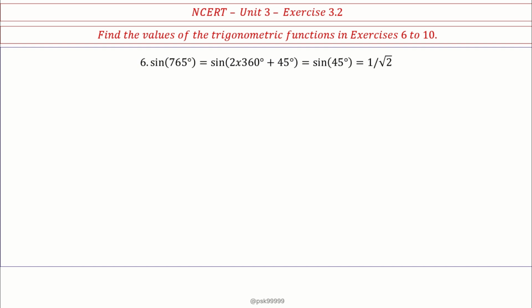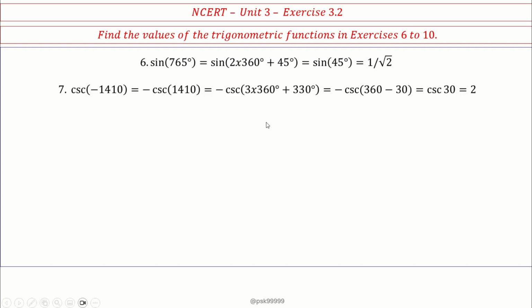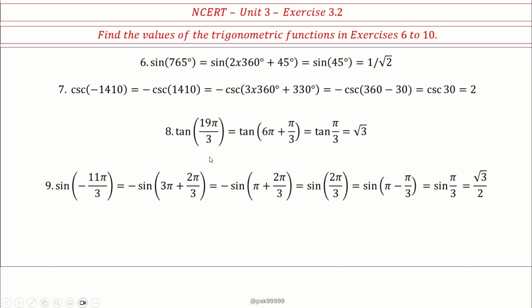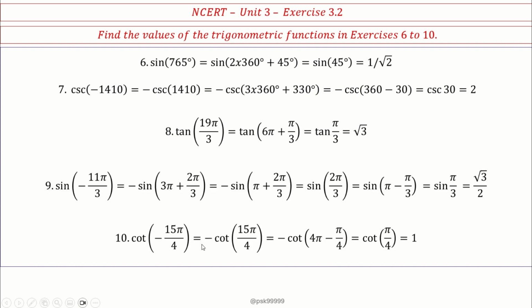So I'm removing the multiples of 360 first from the angle, and then looking at the remaining. You can try whatever way. I have already given you the formula for this, how you will get minus or plus. This negative or positive sign is purely based on your angle here. Try it yourself. All these problems are very basic. You should do them so that you can solve the other critical problems.